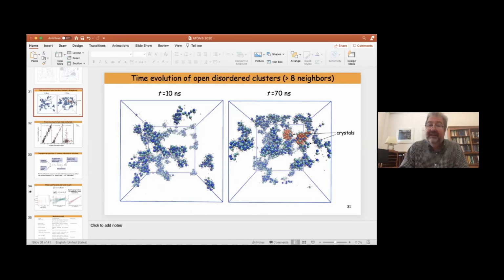What we find in these simulations is that the original designation of just looking at the crystalline regions didn't help us understand what is really happening in the solution. We had to look at these open disordered clusters, defined with a different order parameter than crystallinity, to really see what the solution does. So my answer is yes, I think we are able to get a lot of information by trying different order parameters and deciding which one works best for the properties we're looking at.